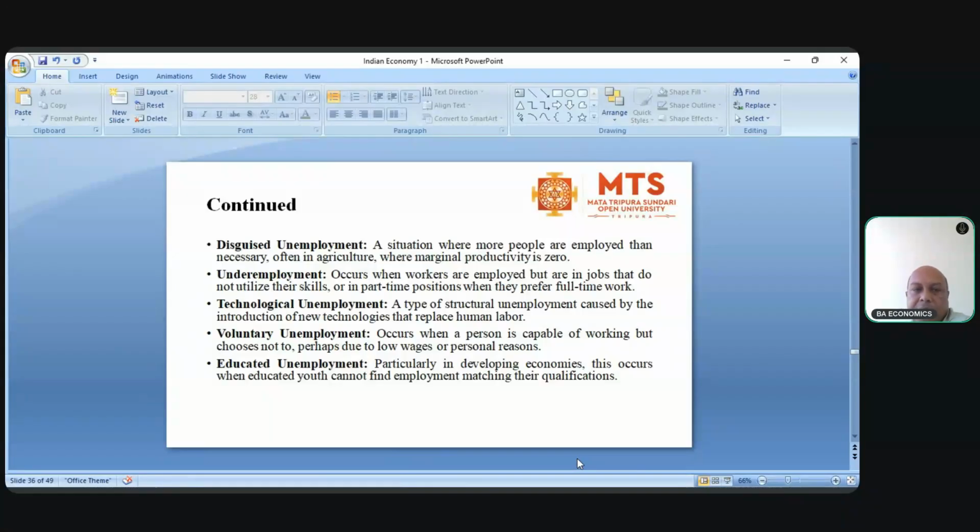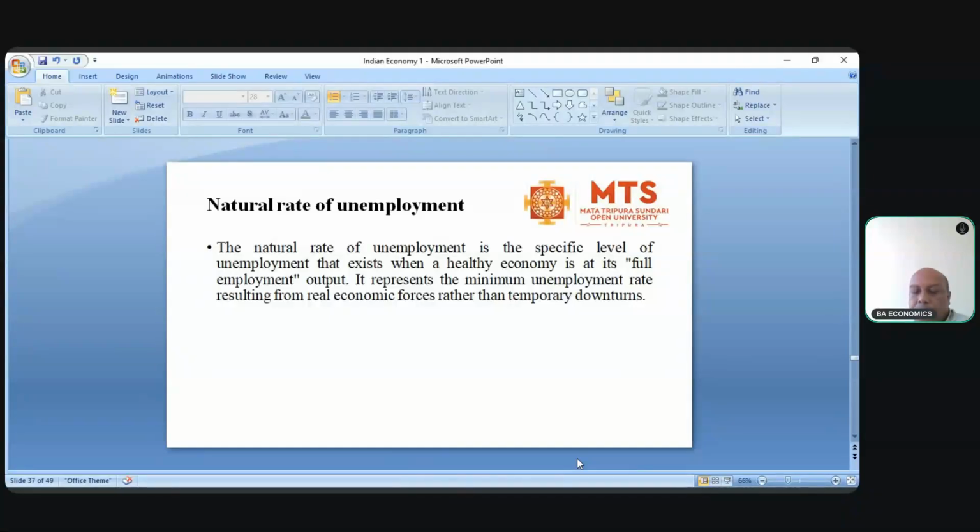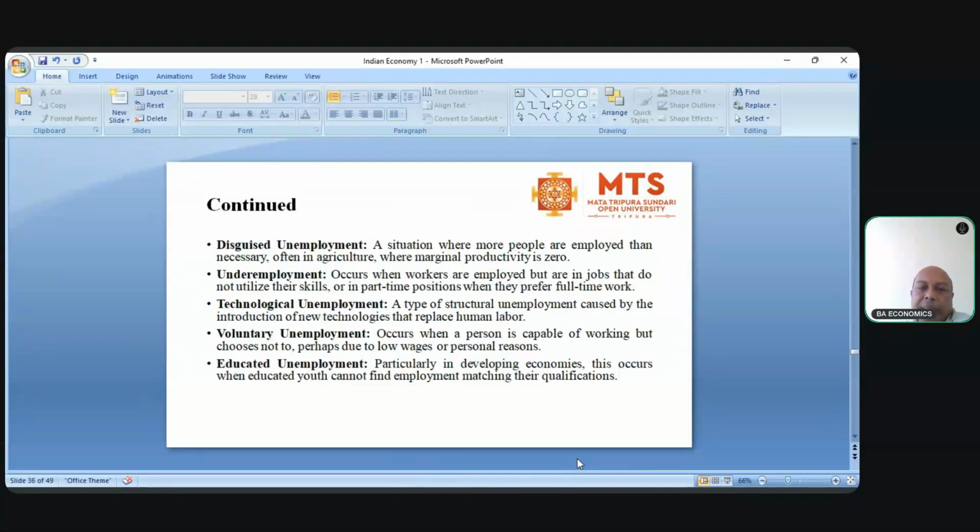So in this case, they are unemployed. These are the various types of unemployment. Unemployment is a real fact in both developed and developing countries, but unemployment is a basic social problem in developing or poor countries.